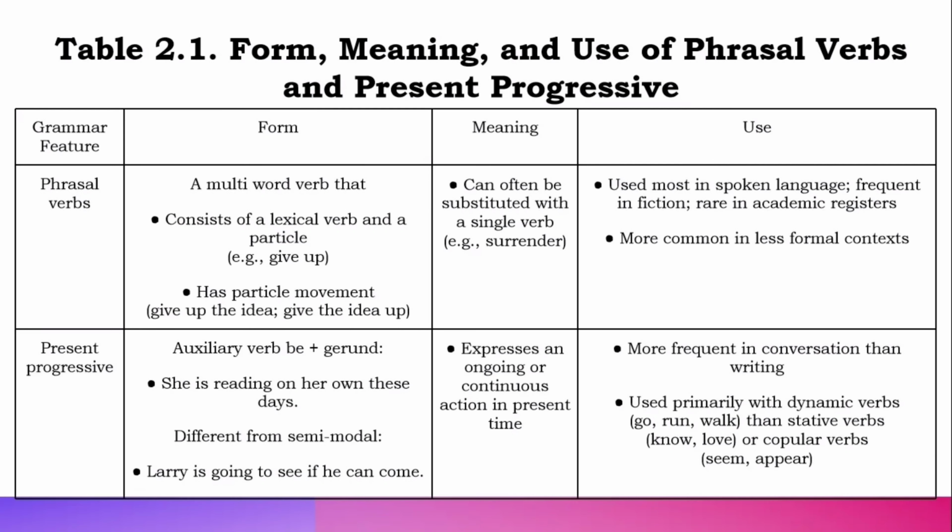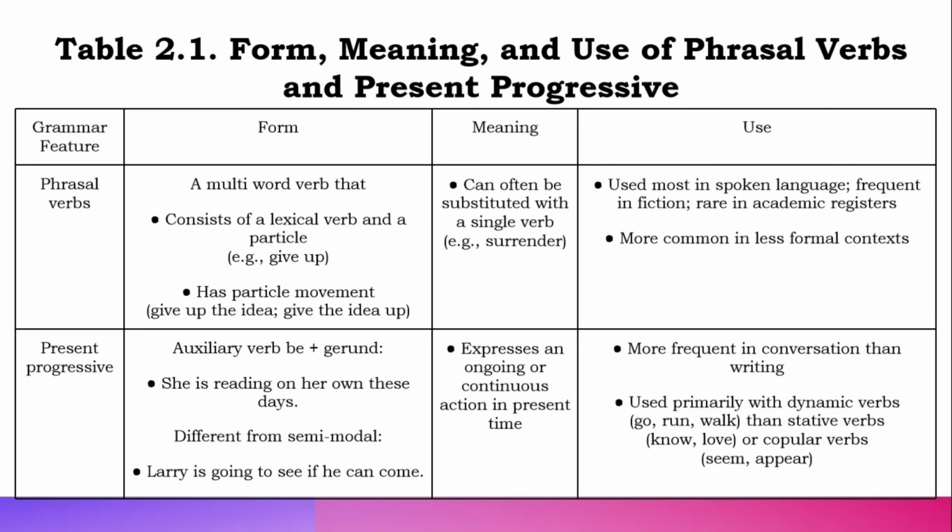Now, I will discuss Table 2.1. Here we have the grammar feature, form, meaning, and use. The first one that I will discuss is the phrasal verbs. In form, it is a multi-word verb that consists of a lexical verb and a particle.